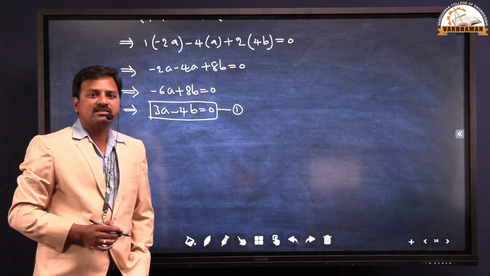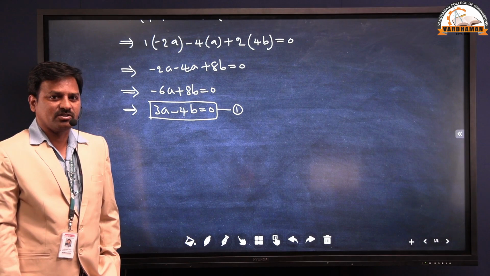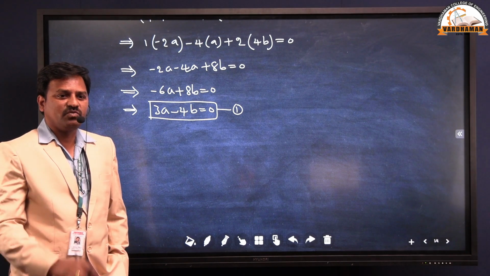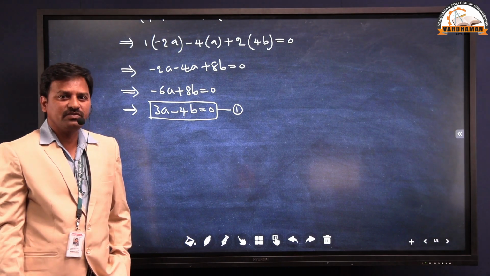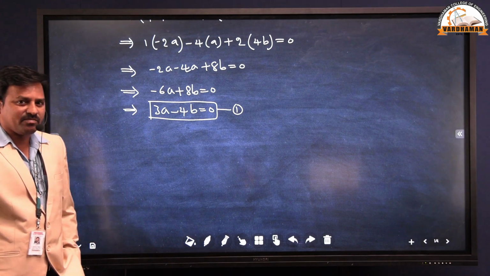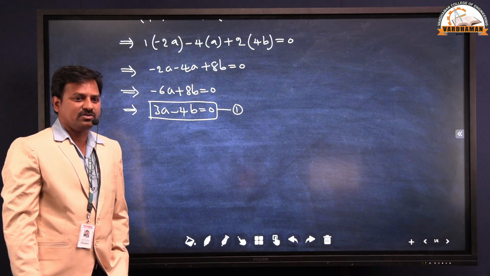So given that the surfaces phi 1 and phi 2 cut orthogonally at the point 1, minus 1, 2, the point lies on phi 1 and phi 2.